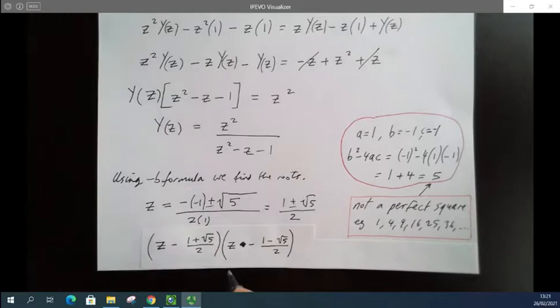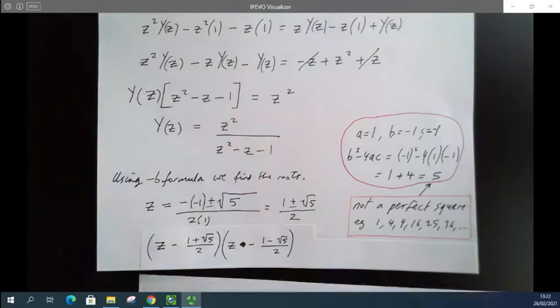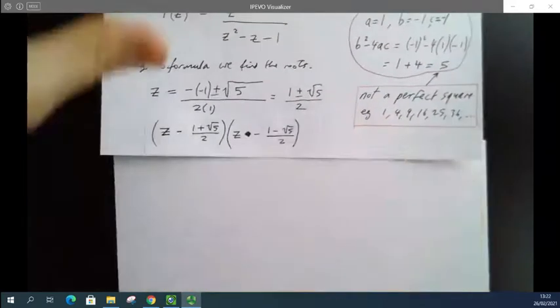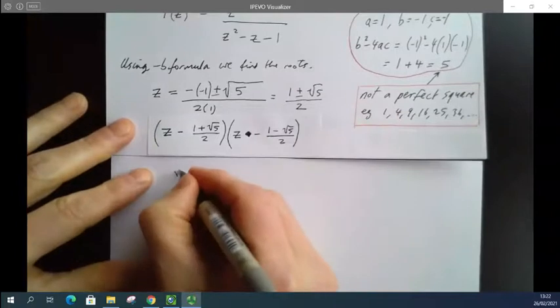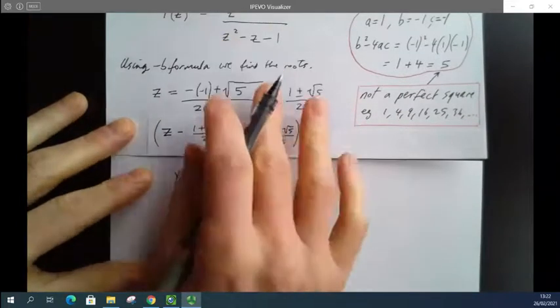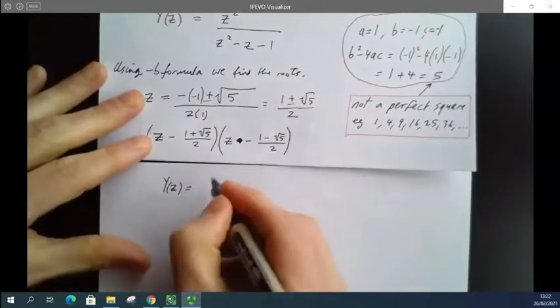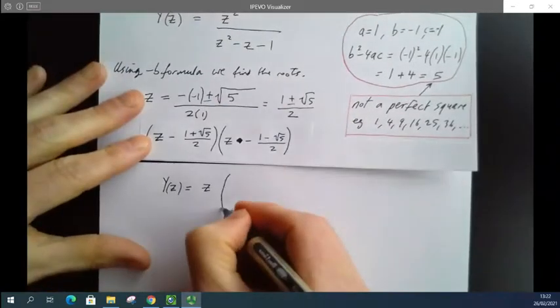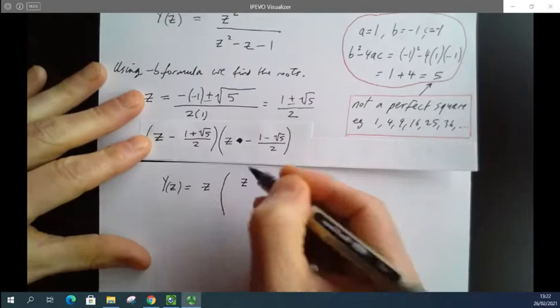Now I'm going to have to use partial fractions. So I'll take a new page. Remember we had y of z is equal to, well, we had z squared on the top. So I'm going to take out a z so that I have a smaller degree on the top.